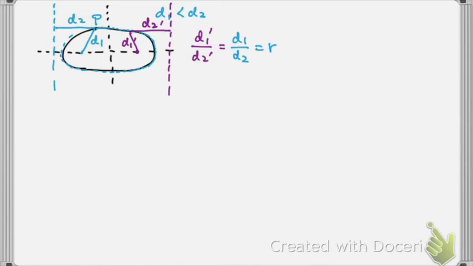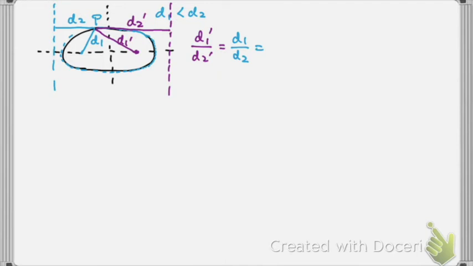So I'm going to redraw my diagram in the following way. I'm going to draw D1 prime as the distance from the same point P to the second focus now, and D2 prime is the distance from the point P to the other directrix.